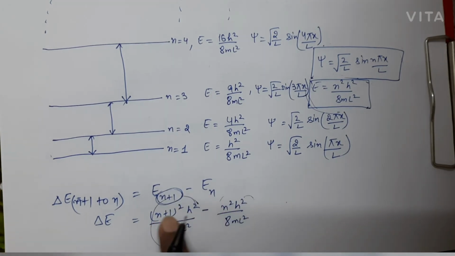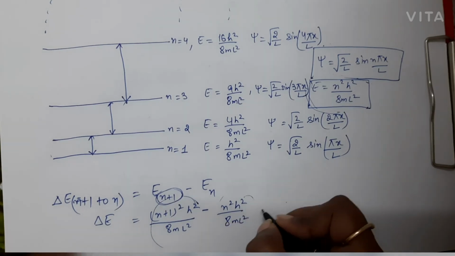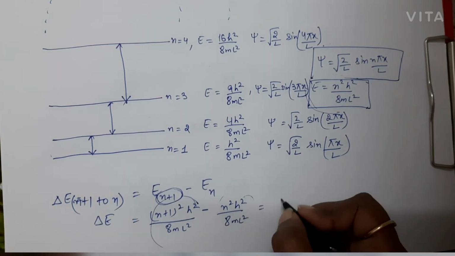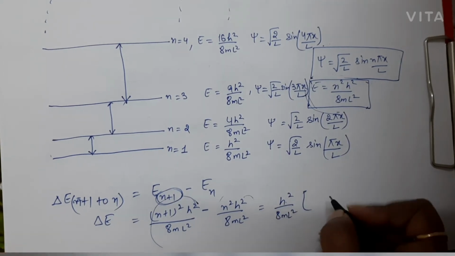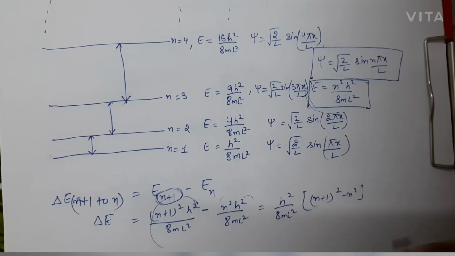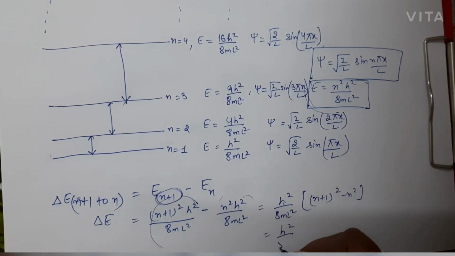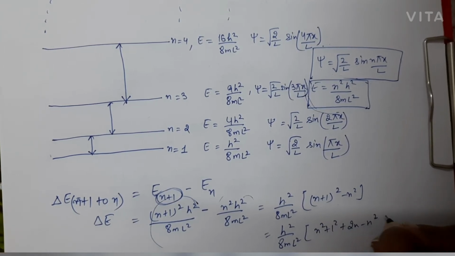Instead of n, you just have to put n plus 1. Now after solving, h square by 8 m L square will come in common, and in the bracket you will have n plus 1 square minus n square. So it will be h square by 8 m L square times n square plus 1 plus 2n minus n square. So n square will cancel out.